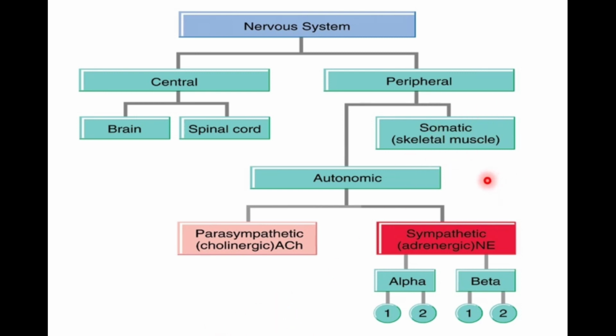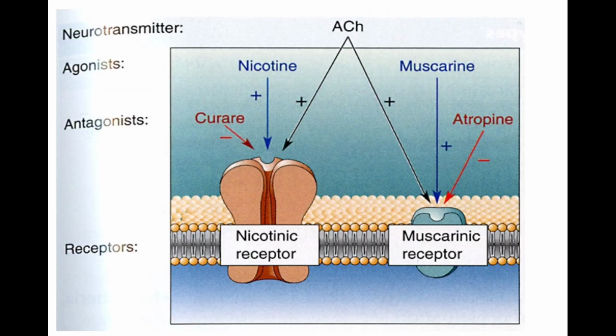Somatic neurons are also cholinergic and are covered in this section. Cholinoceptors are divided into nicotinic and muscarinic receptors according to the potency of their agonists and antagonists. As we proceed, I will explain how it has been done.